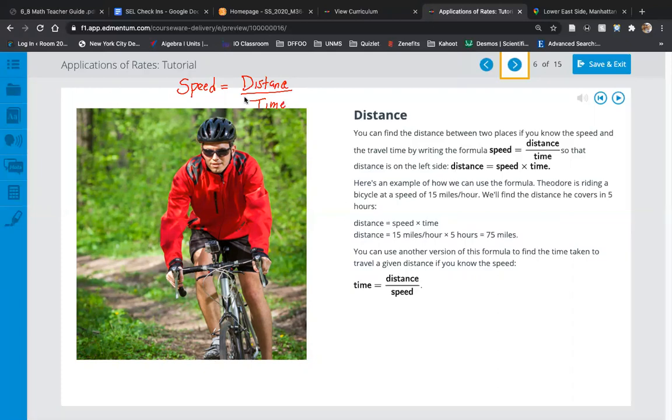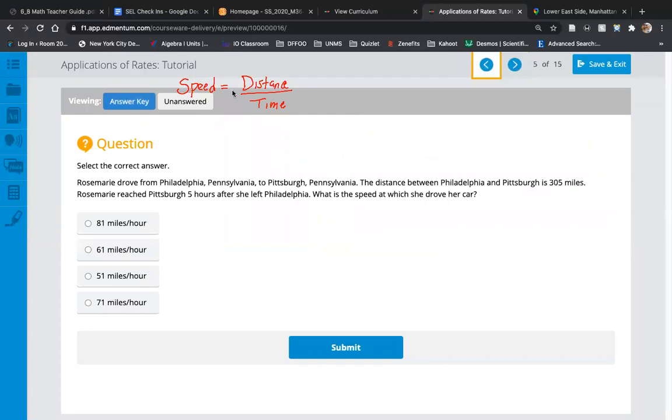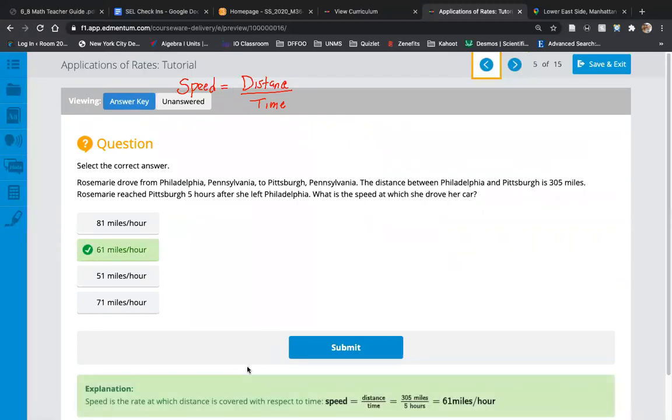All right, so let's go back to the last one that we just did. In this example, I know that the car is traveling at 61 miles per hour, so the speed is 61. Let's say I also know the distance, that it is going for 305 miles.